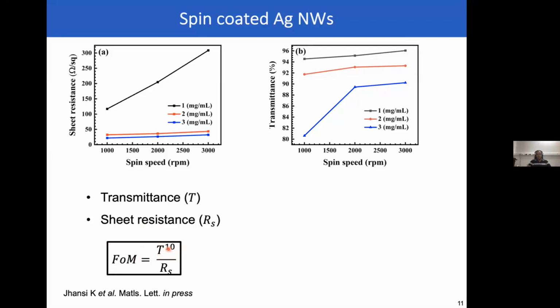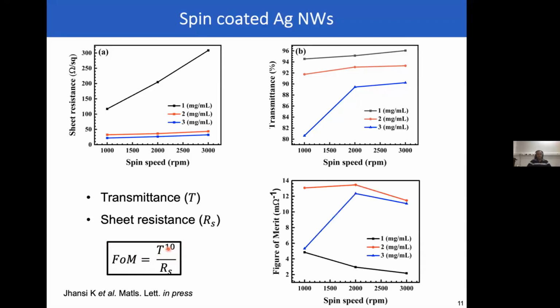This is the standard one that we use. If you go by this figure of merit, we obtain the highest figure of merit somewhere in between, at 2 milligrams per ml. So not too many nanowires, but enough wires to have low sheet resistance and good enough transmittance.